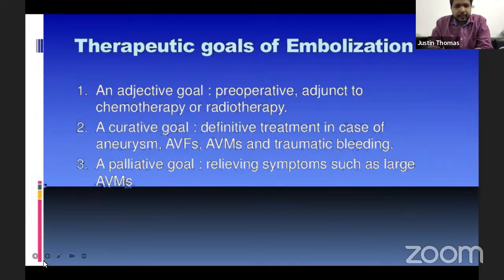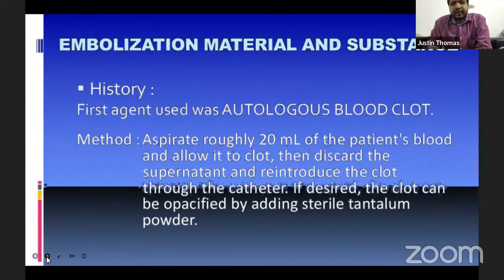So, coming to a brief history of embolizing agents, the first ever embolizing agent was autologous blood clot. It can be easily prepared by aspirating around 20 ml of the patient's own blood and allowing it to clot.